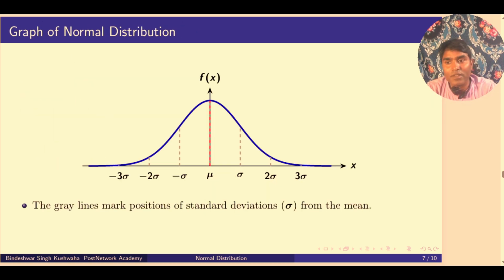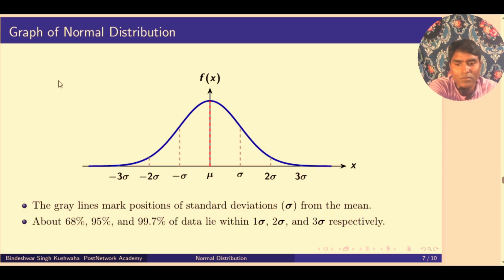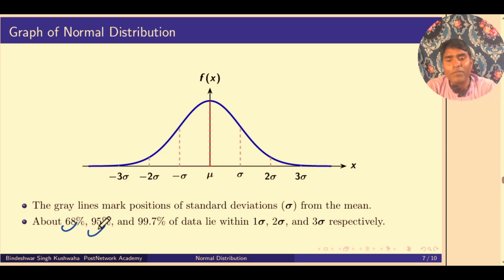That means 1 standard deviation here is 68, thereafter 2 standard and 3, in 3 almost 99%. So the grey line marks the position of the standard deviations from the mean, and about 68%, 95% and 99.7% of the data lie within 1, 2 and 3 standard deviation distances.